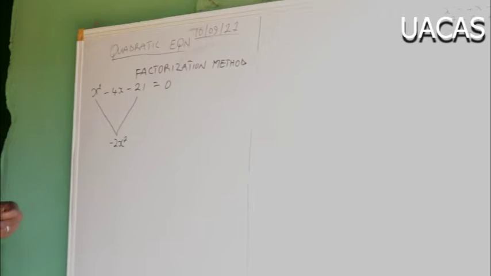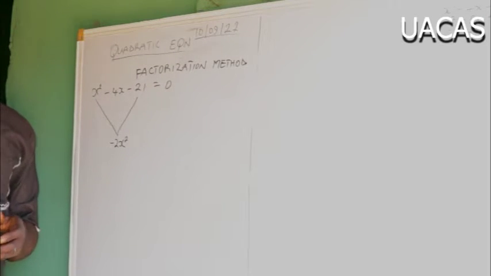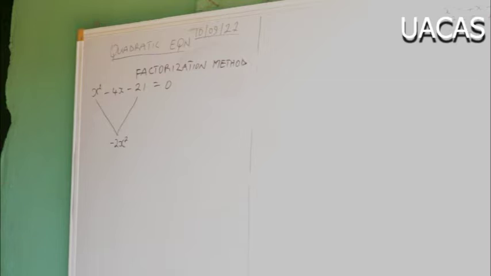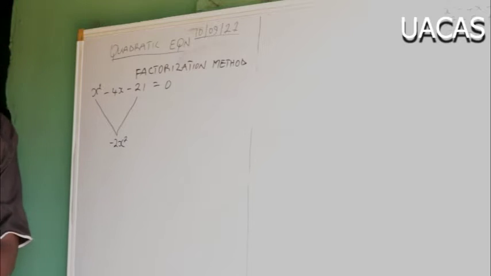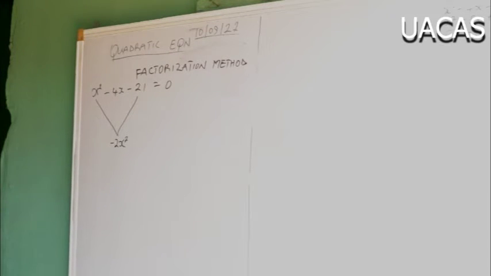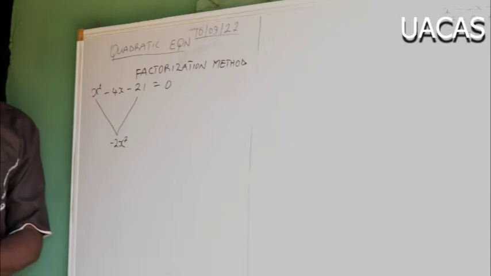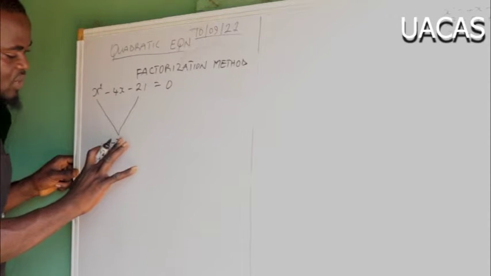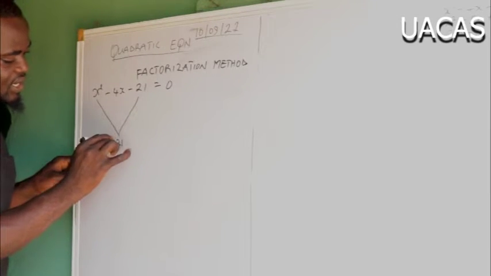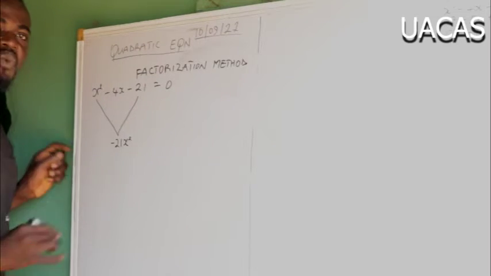The first term is x squared and the last term is minus 21. So these two terms, we multiply them together to have minus 21x squared.